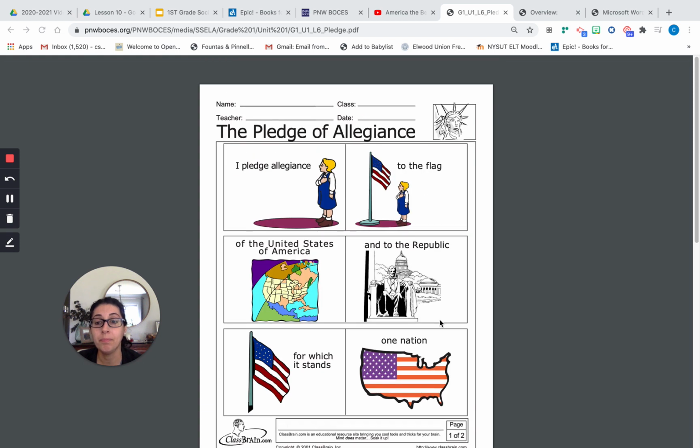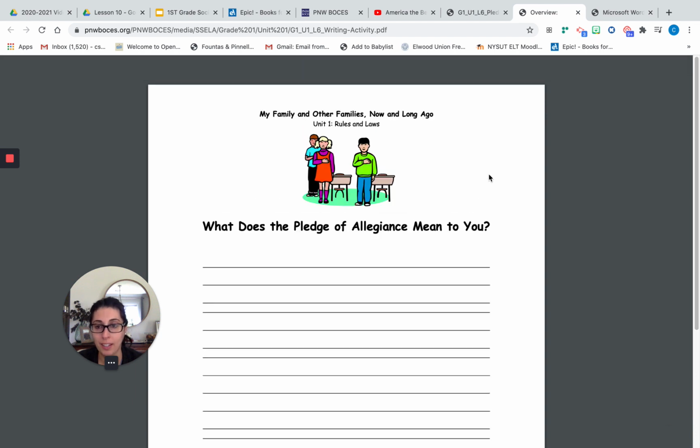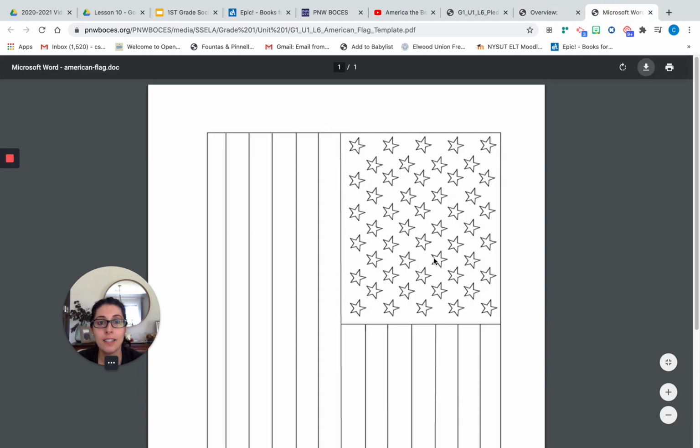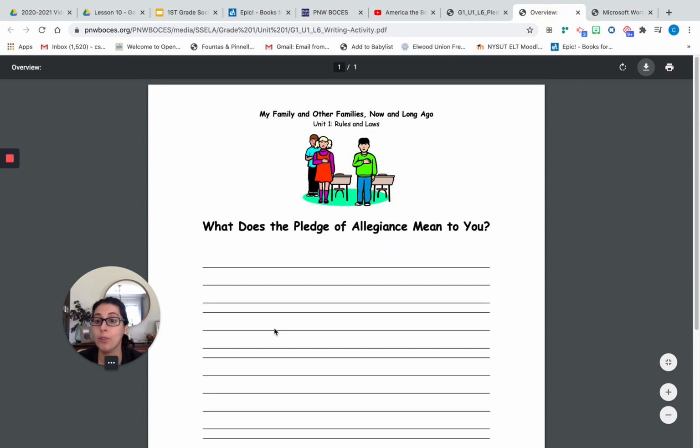Now, if you don't have it already, pause the video here and go off and get this sheet that says the Pledge of Allegiance. You'll need this along with this writing activity sheet and this flag. You'll need all three of these. So if you don't have all three, get them, pause the video, get them now and come back.